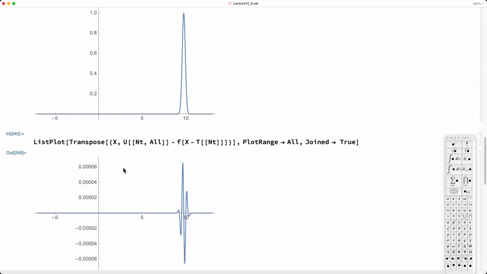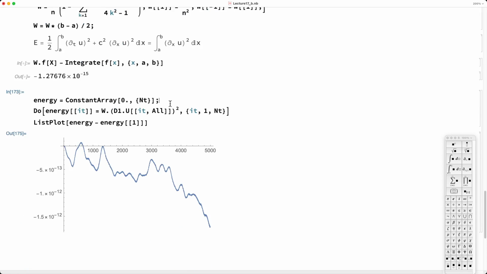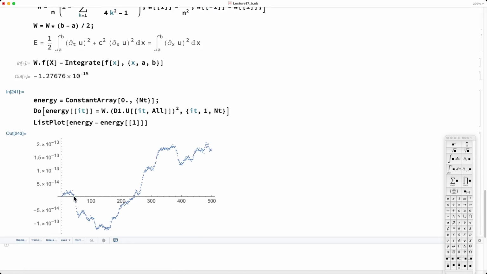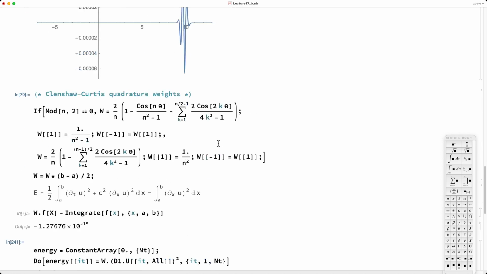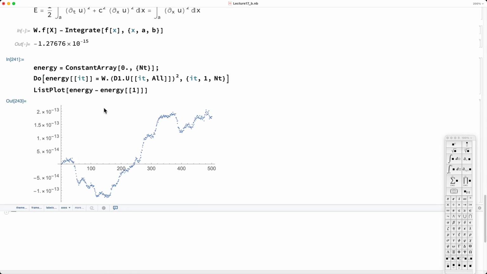And now the error is probably larger. So the error is larger because delta t is 100 times larger than before. And the energy conservation, let's look at it, is still 10 to the minus 13. And that's very impressive. So although the accuracy of the solution is only 5 digits, the accuracy of energy conservation is still close to machine precision.